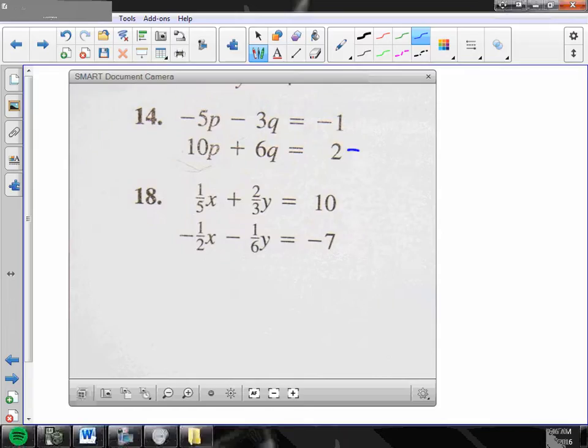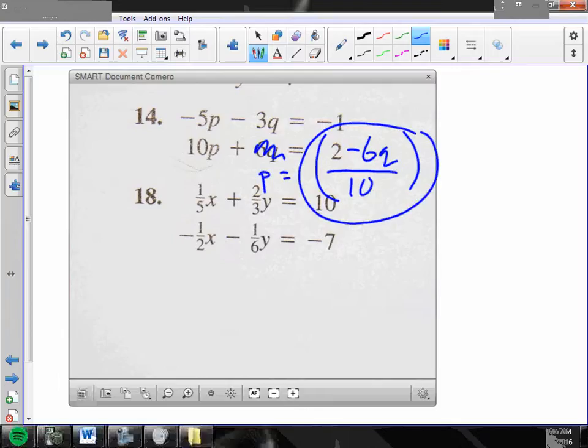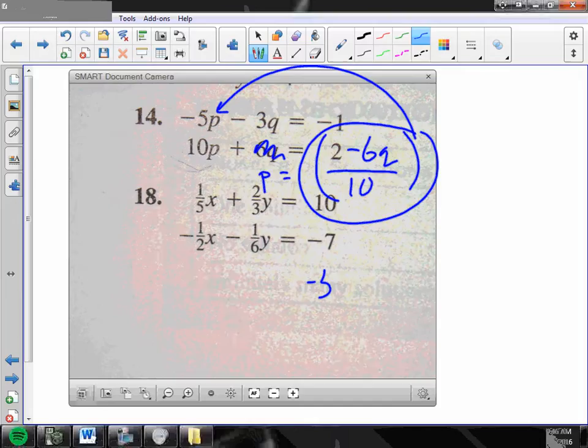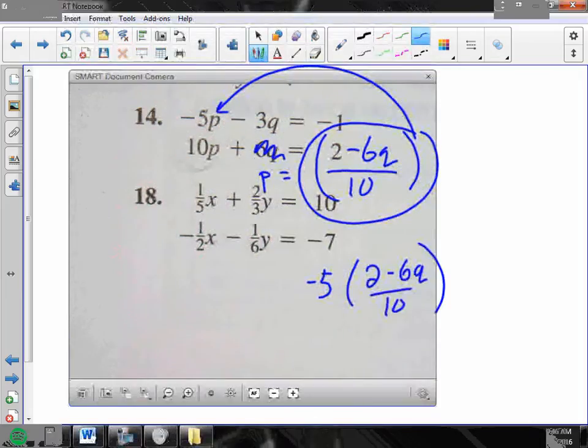So I'll subtract 6q and divide by 10, and that equals p. So now I'm going to substitute this in for p. So I get negative 5 times (2 minus 6q) over 10 minus 3q equals negative 1.